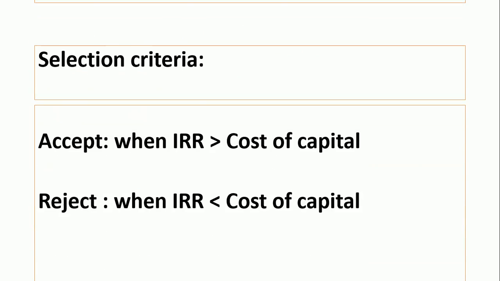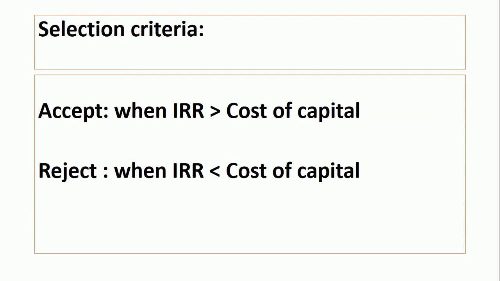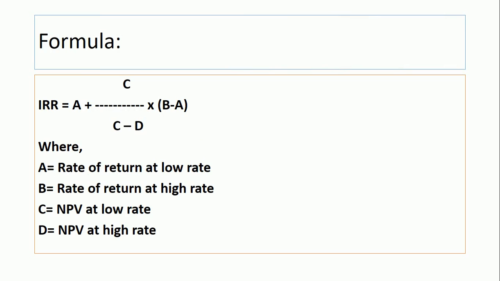Selection criteria: when we take up a project based on the IRR, we accept or reject it. Accept the project when IRR is more than cost of capital. Reject the project when IRR is less than cost of capital.